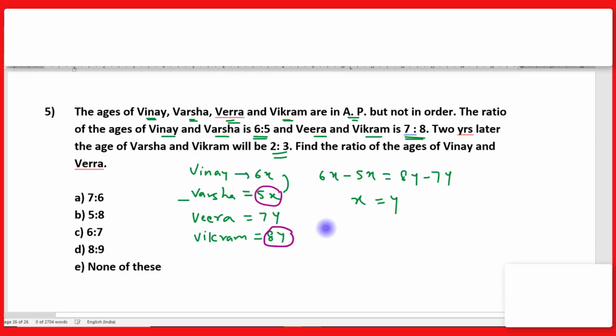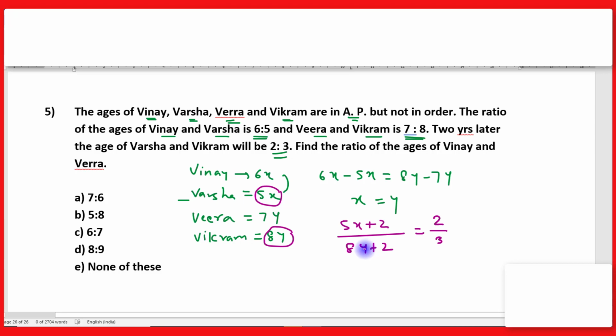And Vikram's age is 8y. Their ages will increase by 2 years. So it will be (5x plus 2) upon (8y plus 2), and that ratio is equal to 2:3. But here we know that x is equal to y, so we can replace y with x.